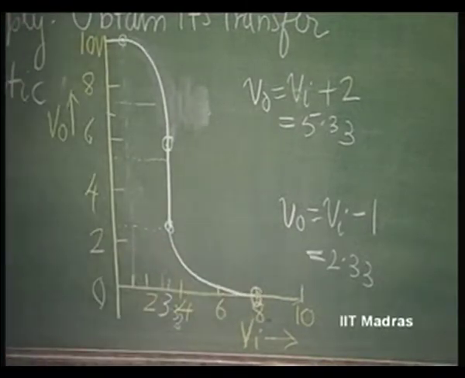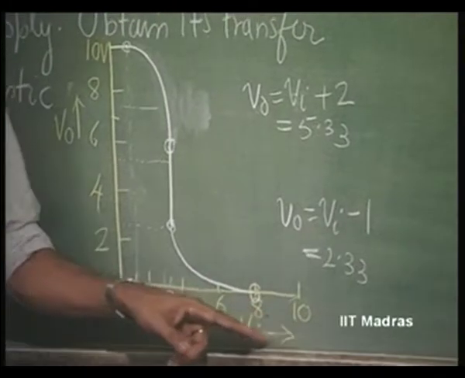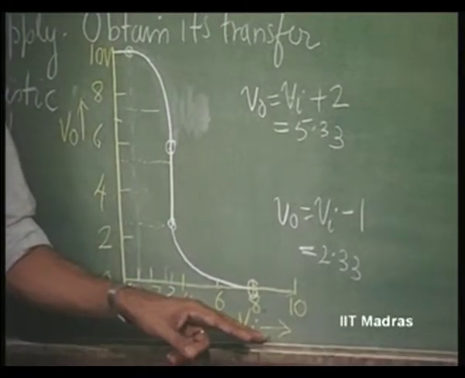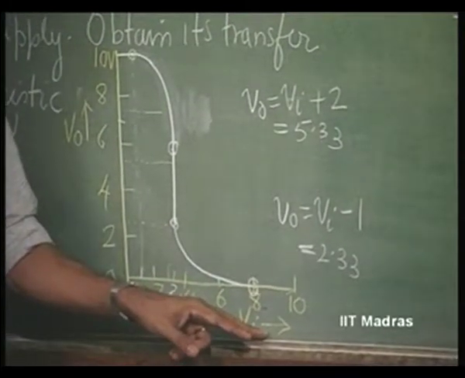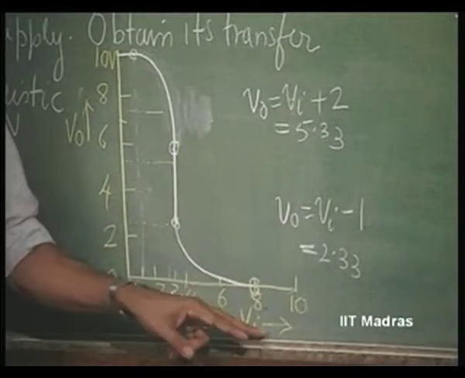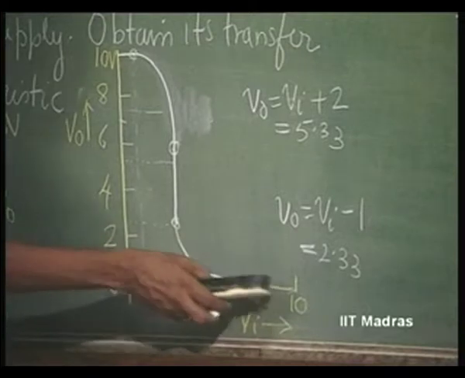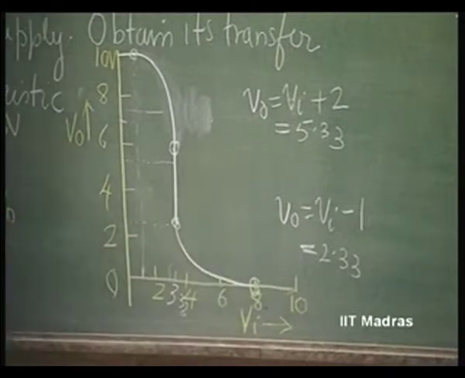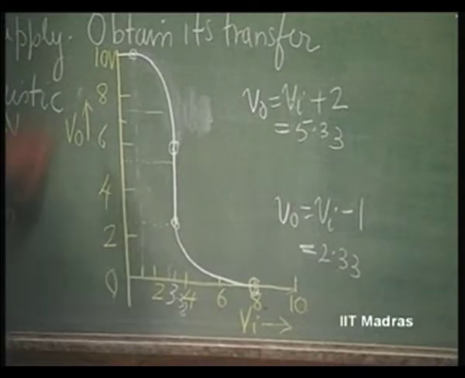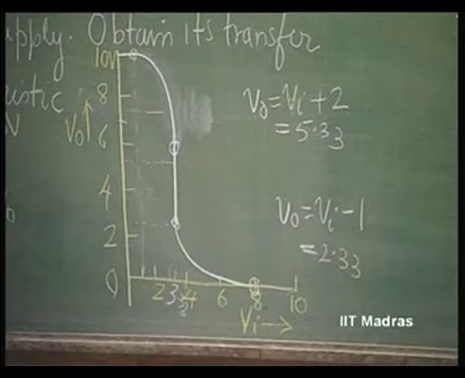What is 8 volts? 10 minus magnitude of Vtp, 10 minus 2 volts, 8 volts. This story will go on. After this, transistor T2 will go off. So, this is the complete characteristic of our CMOS inverter.